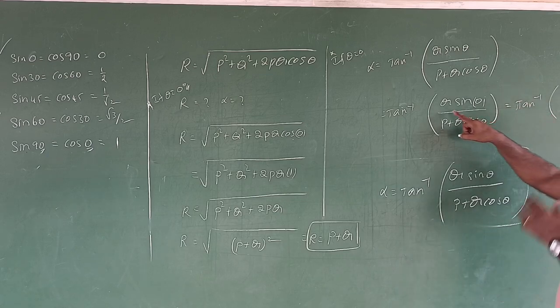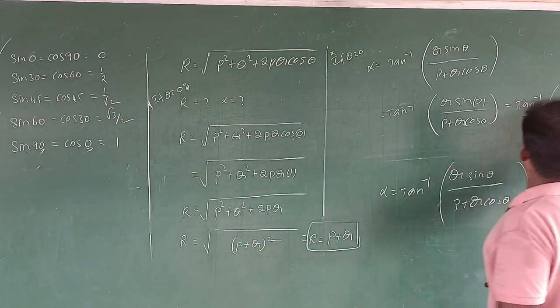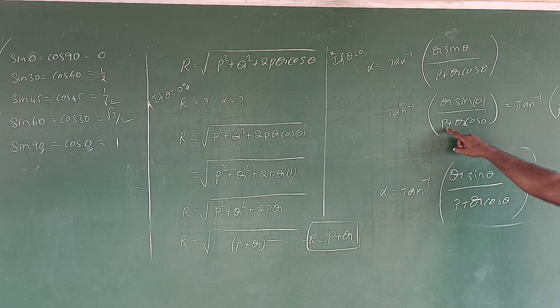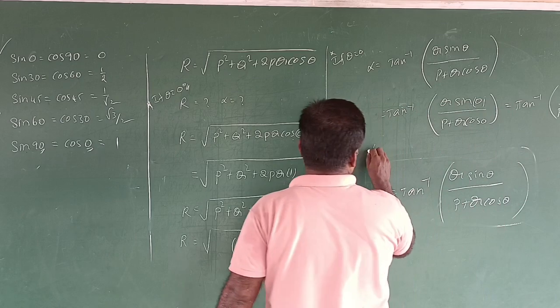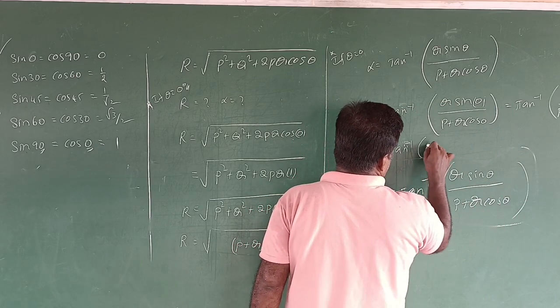Tan inverse of q sin 0: sin 0 is 0. 0 divided by p plus q cos 0, and cos 0 is equal to 1. Whatever the value of the denominator, if you have 0 in the numerator, then the whole term becomes tan inverse 0.